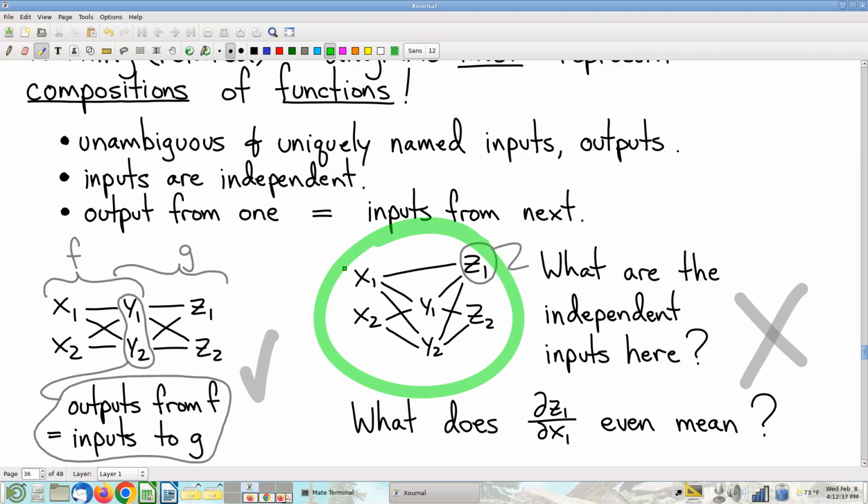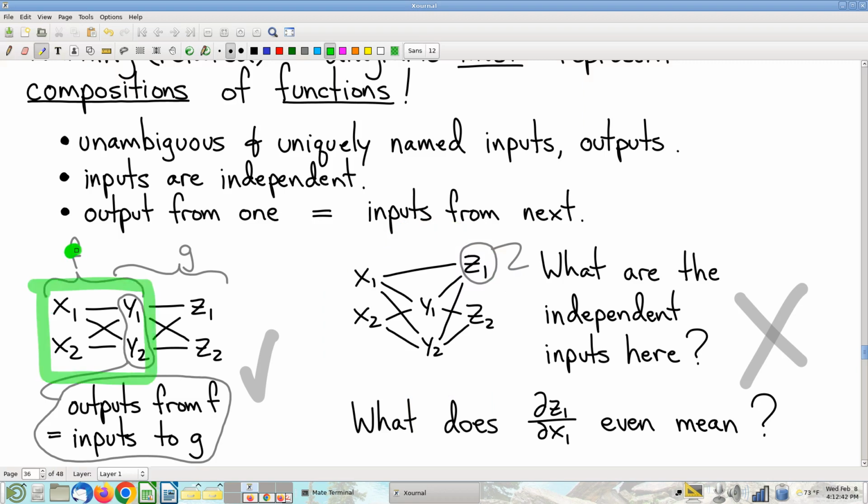Right? So notice in this first example I've got over here, here's what I'm going to call my f functions. I've got inputs, I've got outputs. Here's my g function. There's my inputs, there's my outputs. Perfectly unambiguous, no questions about what goes in, what comes out.